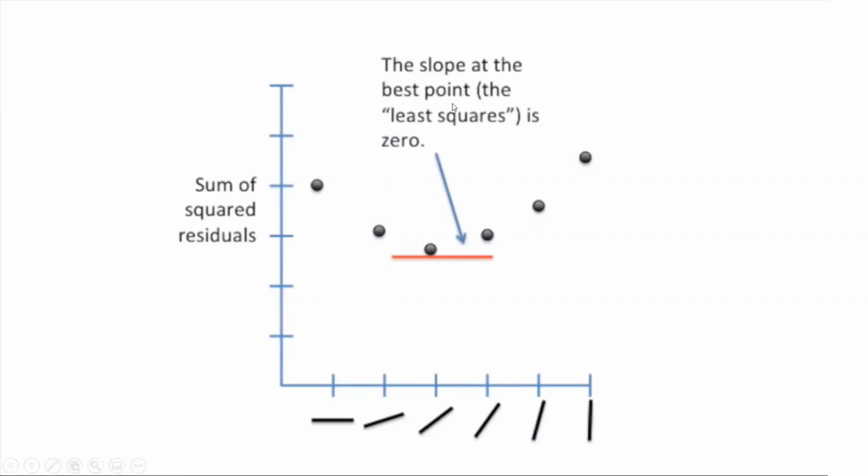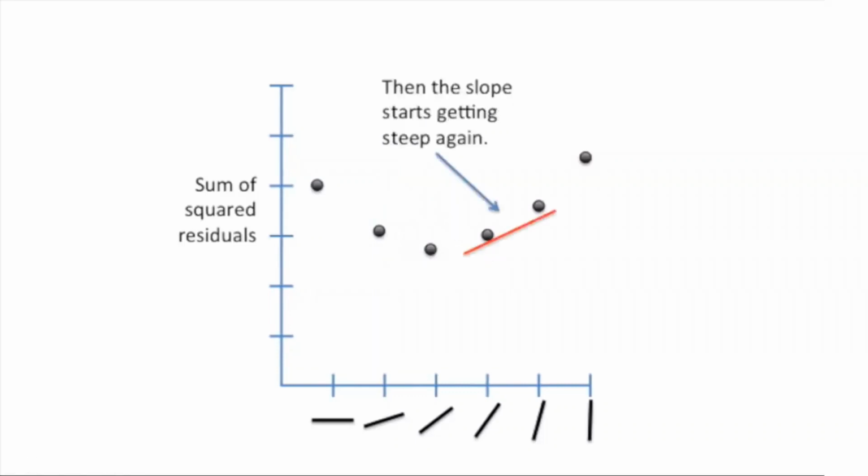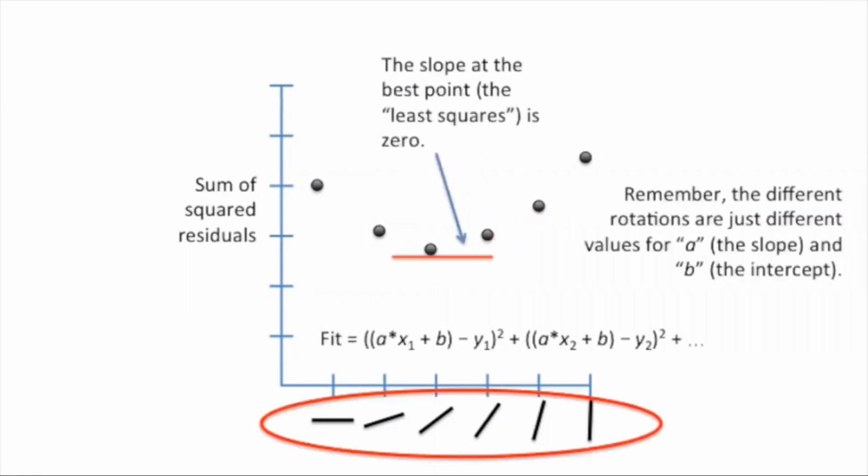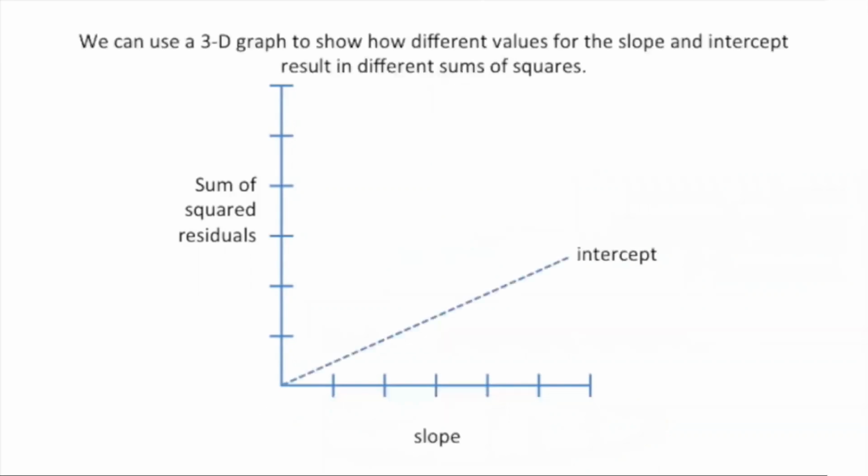This is the optimal point where you have the least squares, and if you increase the slope further, the line will get steeper again, right? So what we are doing is finding the optimal value of the slope and the intercept, nothing else.